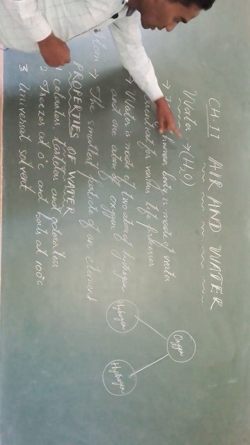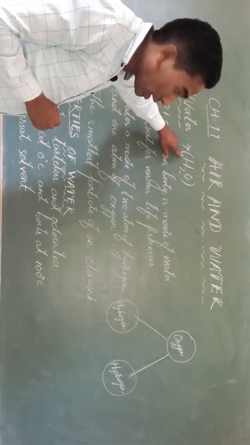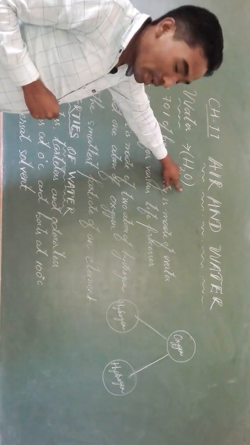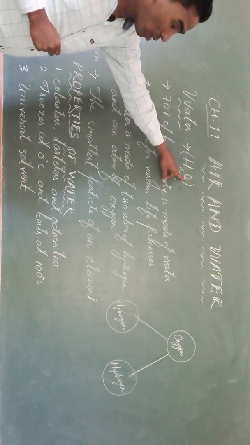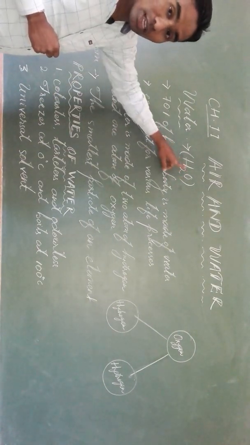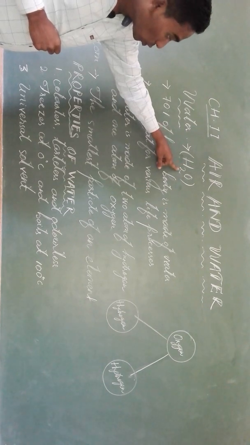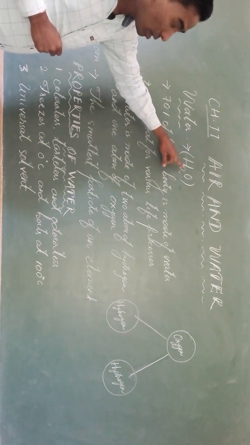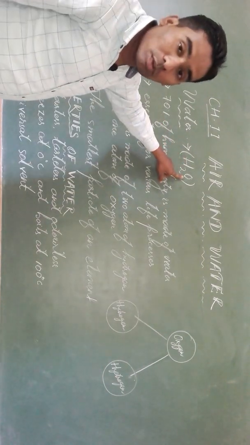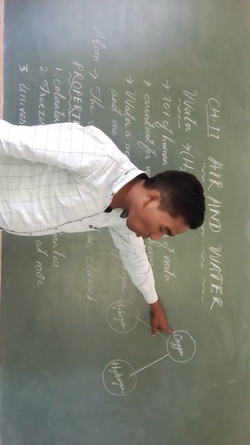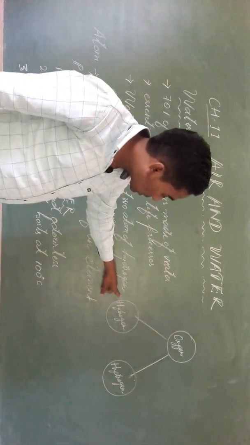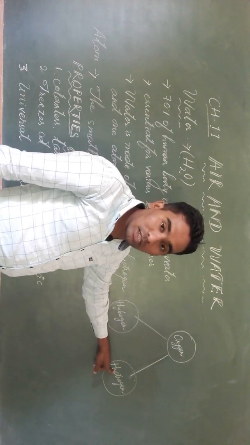So, dear children, the formula of water is H2O, H for hydrogen, O for oxygen. These are two gases. Here, two atoms of hydrogen mix with one atom of oxygen. Look here, this is the one atom of oxygen and this is a hydrogen atom and this is a hydrogen atom.